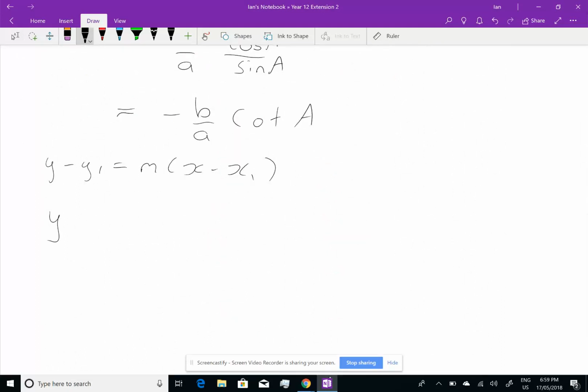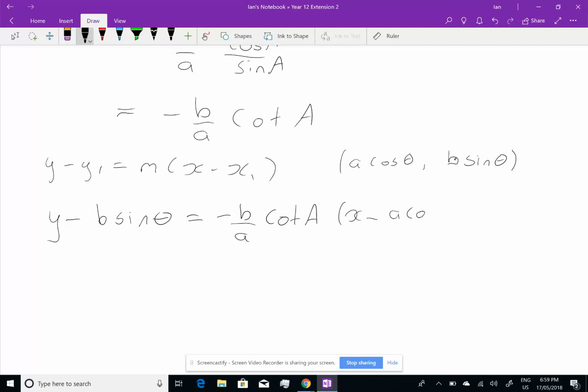So it's through the point a cos theta, and the y value is b sine theta. So you get y minus b sine theta equals minus b on a cot A, x minus a cos theta.